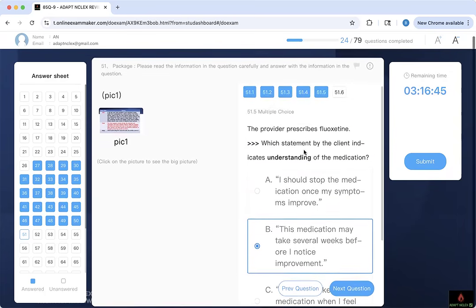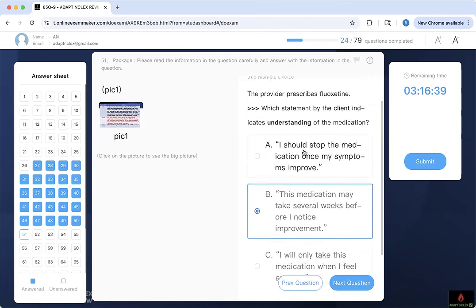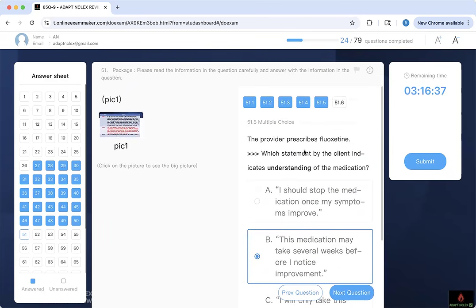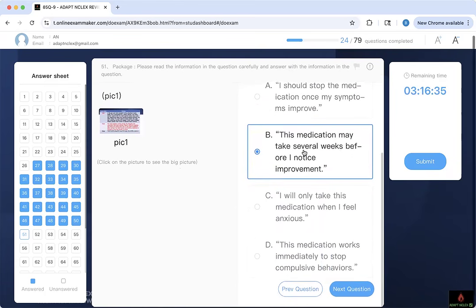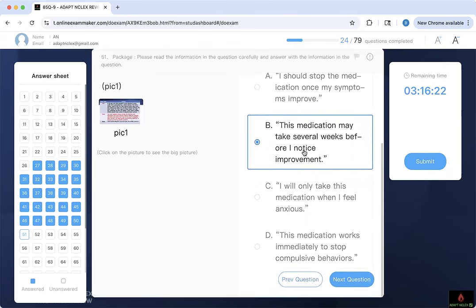Is that what you're looking for? The medication may take several weeks before I notice improvement, right? I should stop the medication once my symptoms improve? No. I will take this medication when I feel anxious? No. This medication works to stop compulsive behavior? No. So the only thing that is more appropriate is that answer choice.